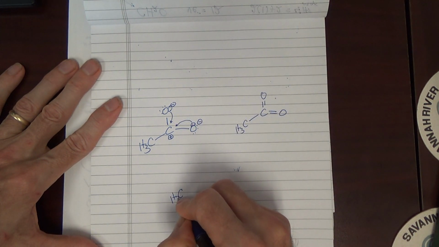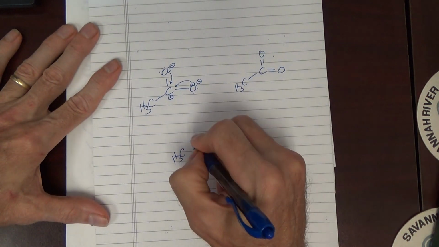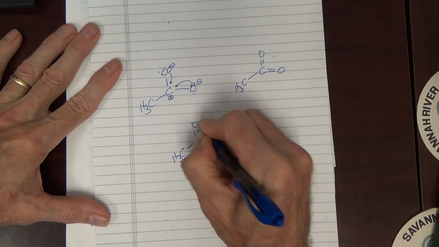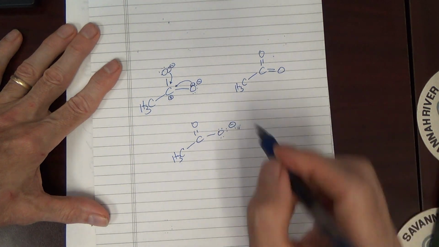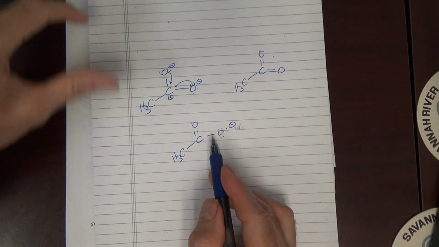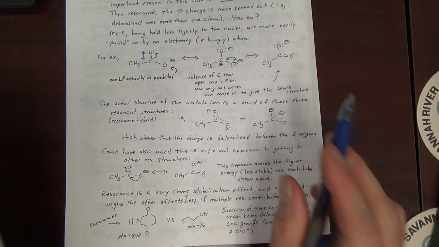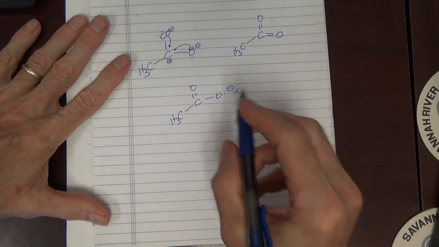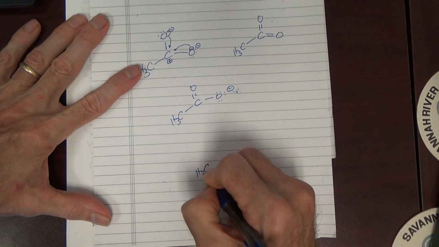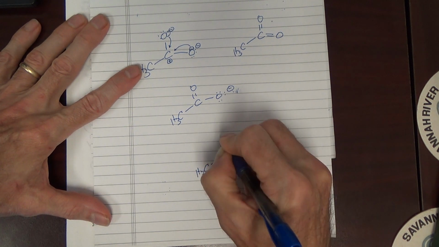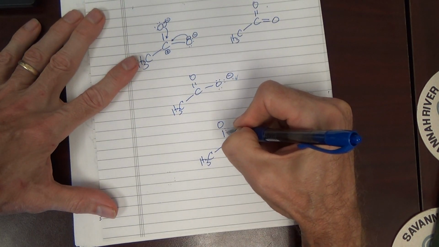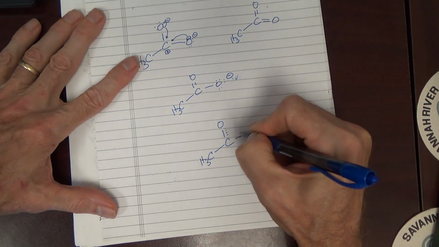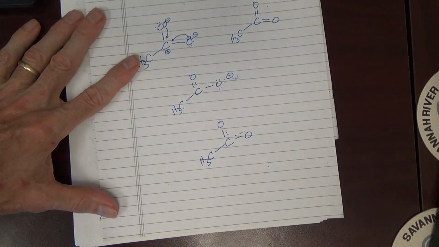If you only had 1 donate, we'd have a double bond and we'd leave the other one as minus. Or we could have the other, and that's what I have drawn here and here. In real life, what's going on is they both donate, and it's sort of like this one partially donates, and this one sort of partially donates, and you end up with something like this.